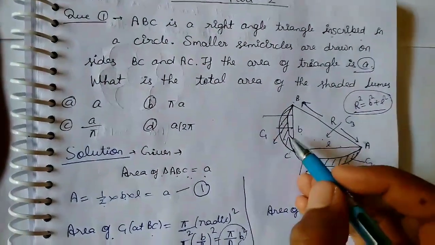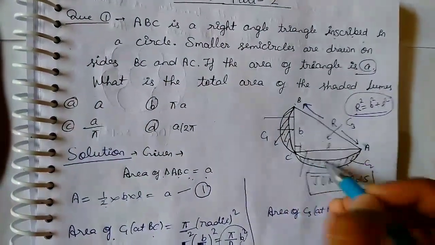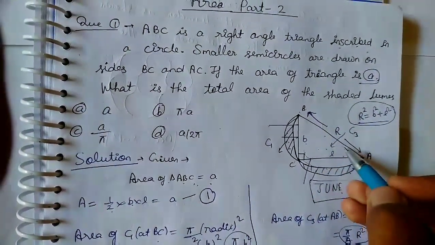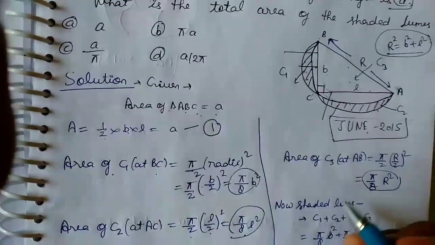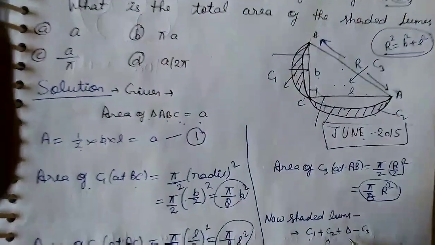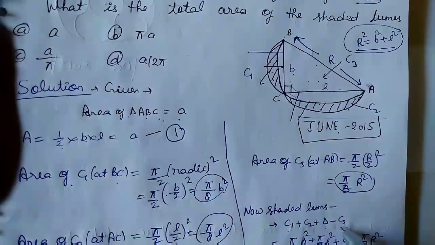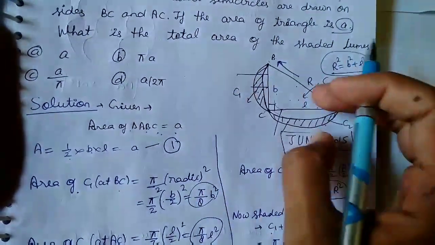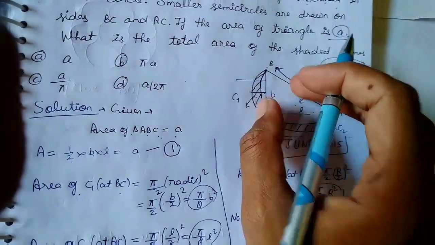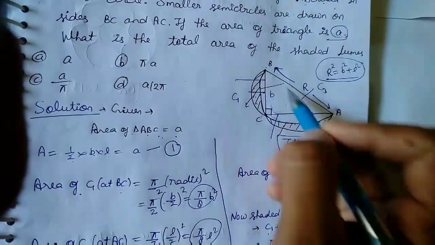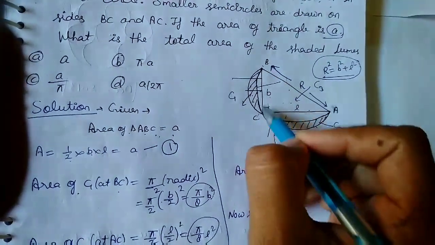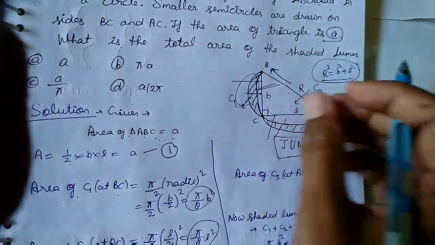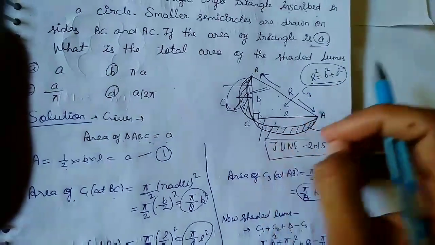That means we add C1, C2 and the triangle, and then subtract C3. You can see clearly that if you add this portion and this portion and then subtract this portion, the rest will be just this shaded portion, because the other part is excluded.